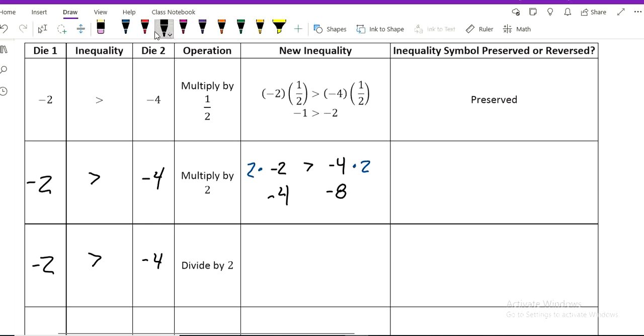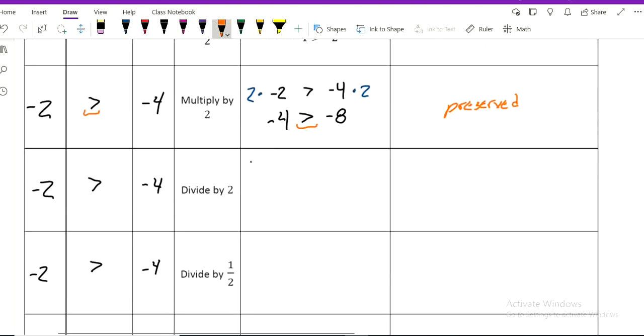And we'll take a look at it. It looks like our symbol is still going to face this way because remember, the more negative something is, the less value it actually has. So we can tell that our inequality symbol was preserved. It faces the same direction. All right, let's go on to the next one.